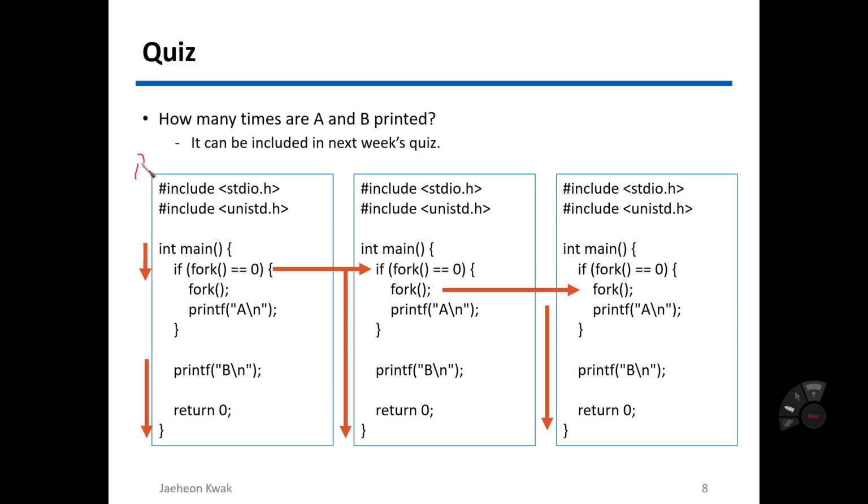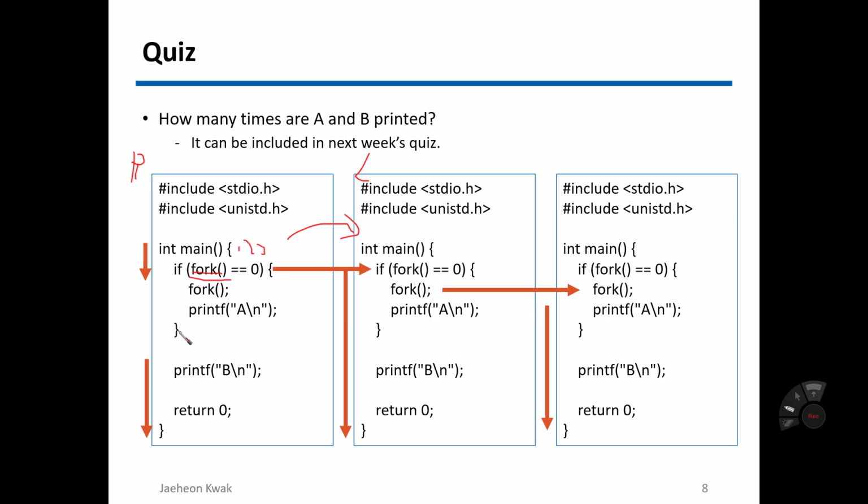Here's the parent process, and firstly the fork function is called. The return value of the fork function for the parent process is the PID, process identifier, of its child process. So this fork function will return some PID of this child process, let's say its PID is 1, 2, 3.